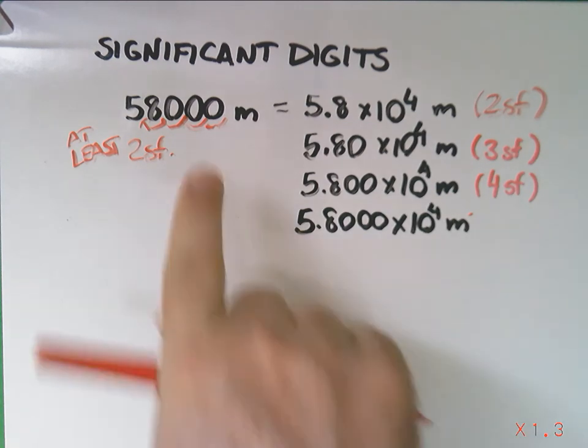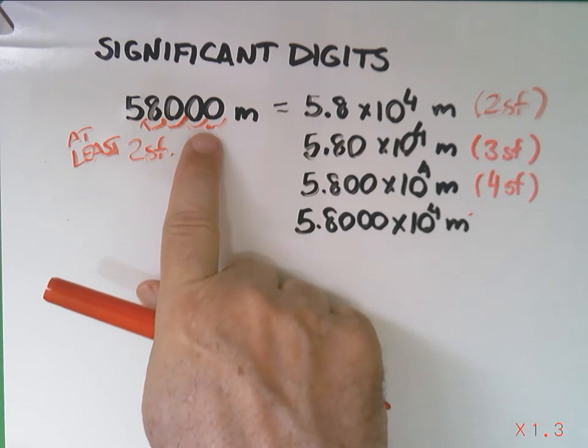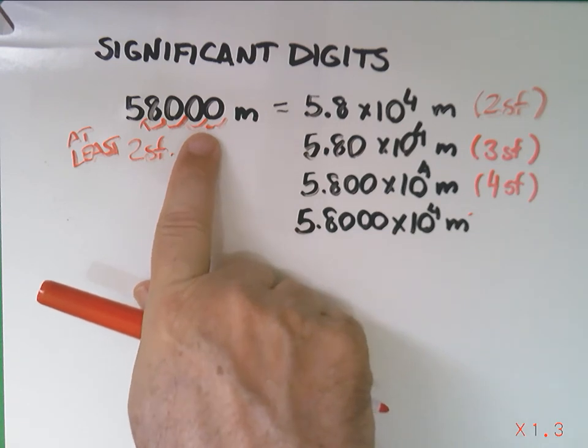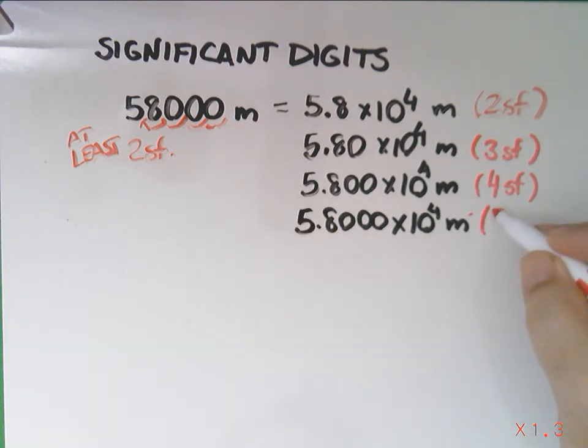I would say anytime you've got a measurement with trailing zeros and no decimal point, and you've made the measurement, write it down instead in scientific notation so that whoever is reading this can see how many significant digits you've got without any ambiguity.